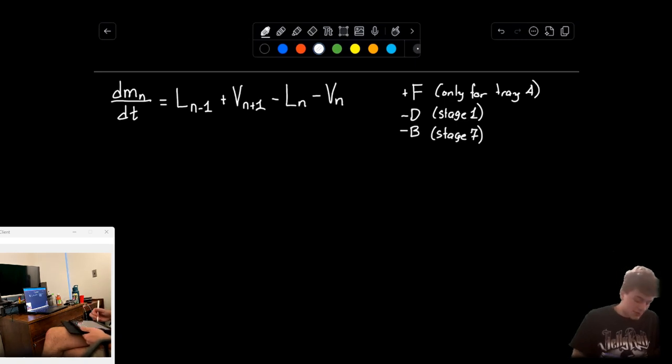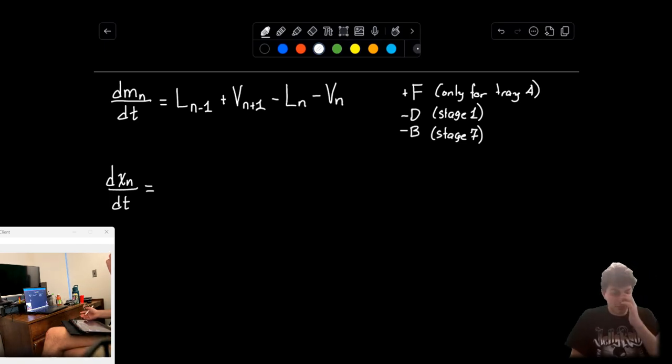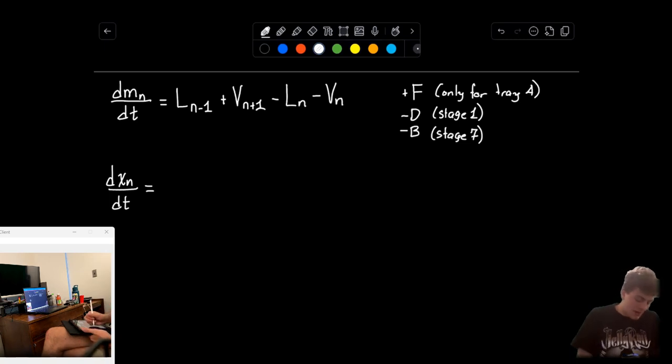So now the other thing we're going to do is try and figure out what is dx_n/dt. Well, the only way I can think to find this is by doing some kind of manipulation of the product rule. We know we can find composition times molar flow rate for each stage because we would just be multiplying composition by molar flow rate. So I would argue that we would just take this derivative here.